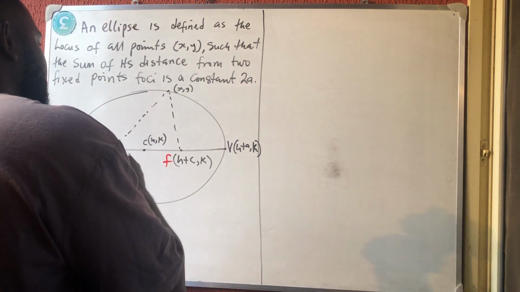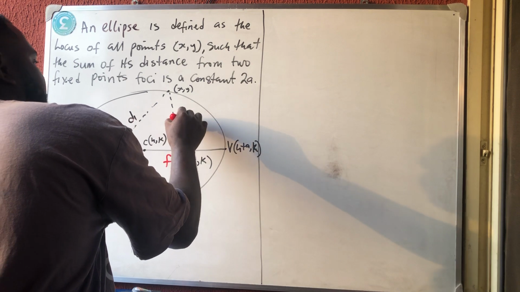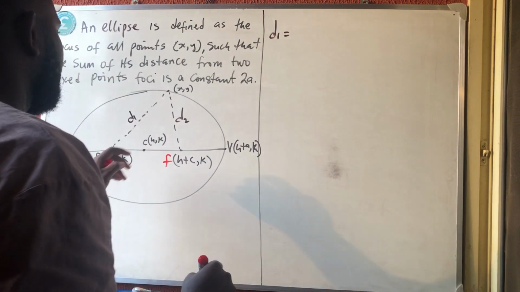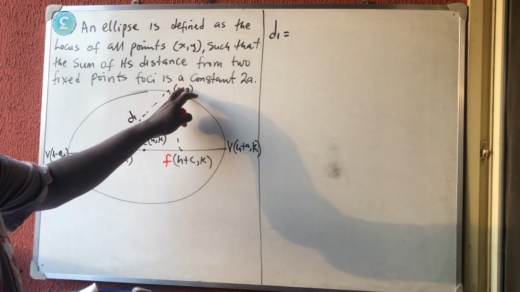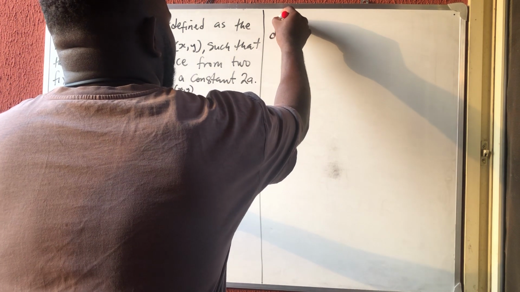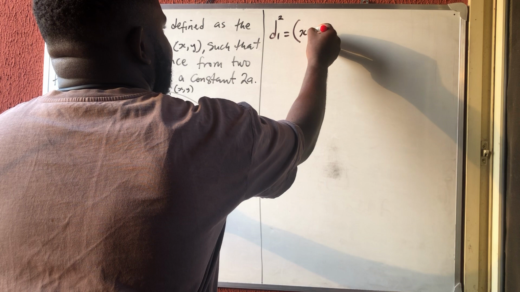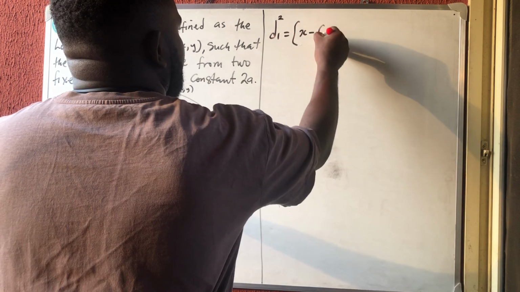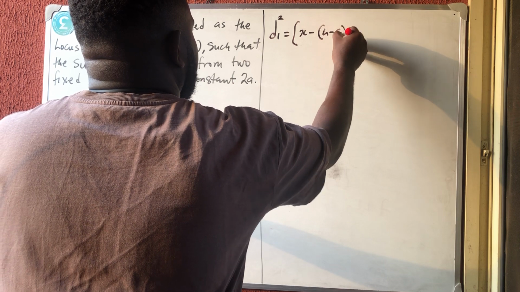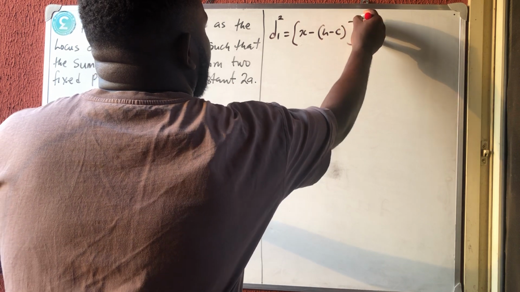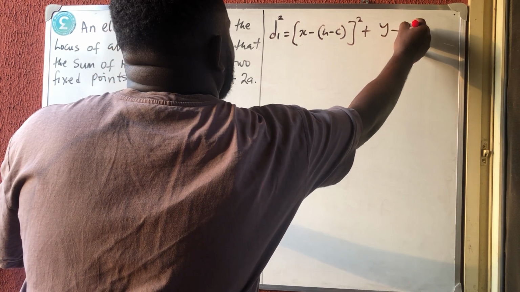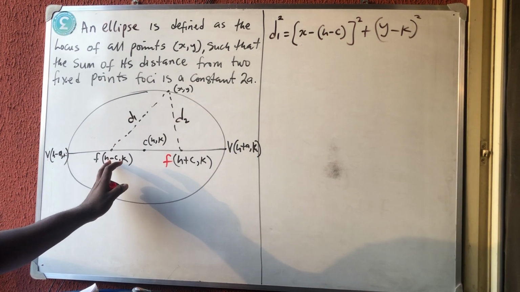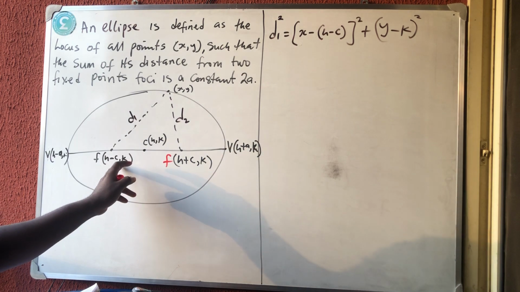Now look at what they told us. Let me call this place d1 and d2. Okay, let's get our d1. d1 is the distance between two points, the first one minus this, all squared. So d1 squared will be x minus h minus c, all squared, plus y minus k all squared. x will subtract the side of x and y will subtract the side of y.